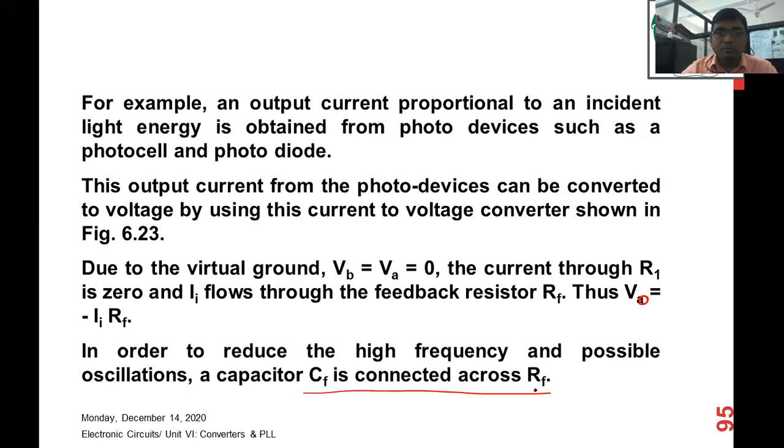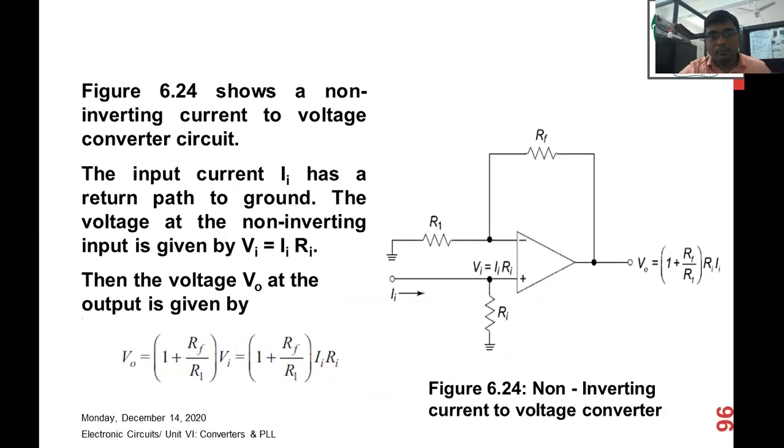Okay. Now we have to see another configuration for this, that is the non-inverting configuration, mentioned in this particular slide. Here, in the non-inverting terminal, we have connected the current source, or the output of the transducer or photodiode. It produces a current II that is flowing here, and a resistor Ri is parallel to this.